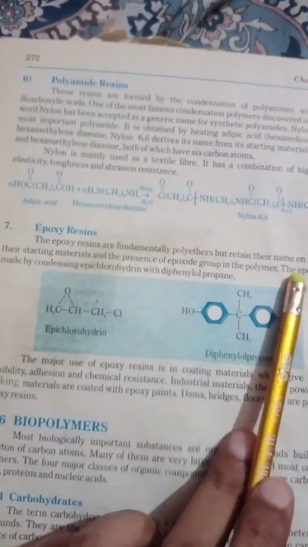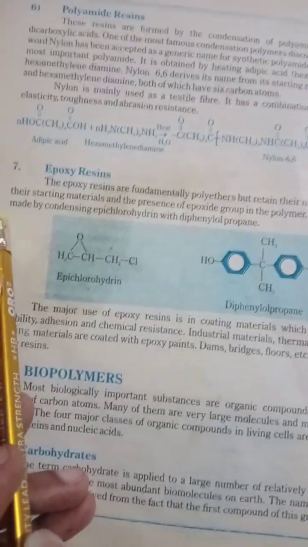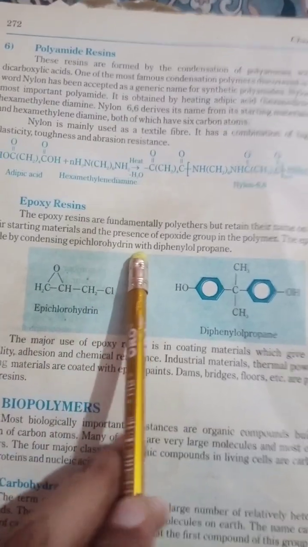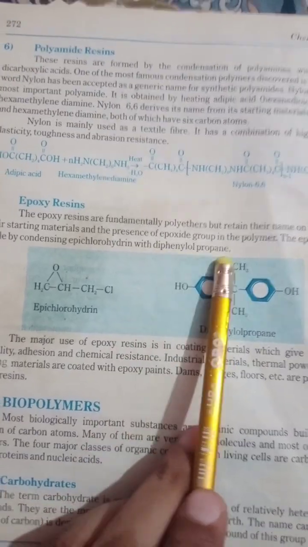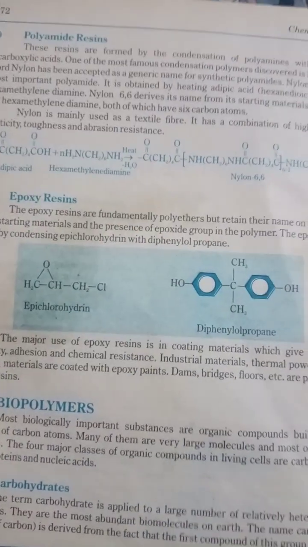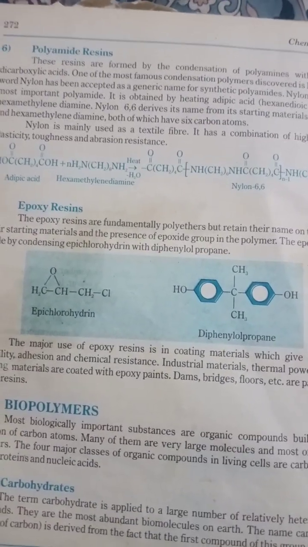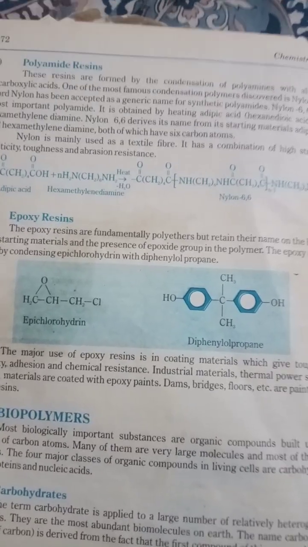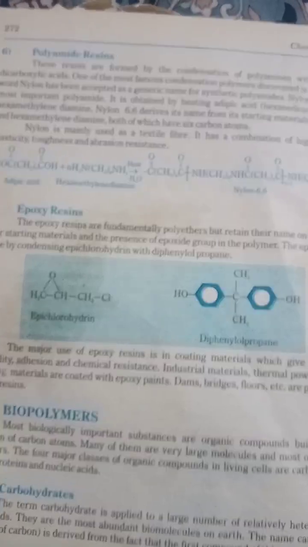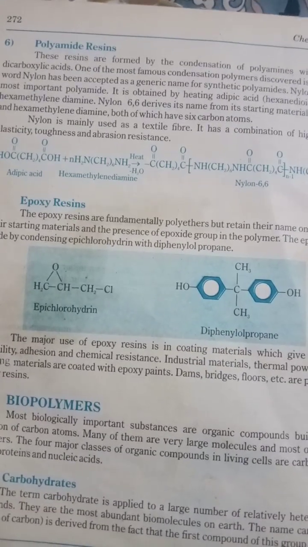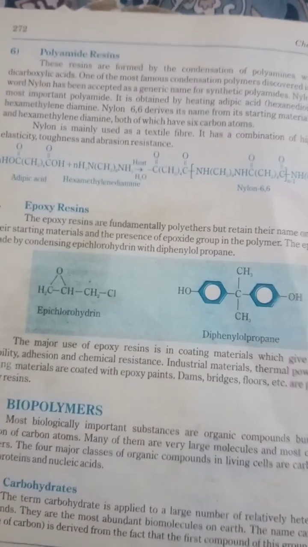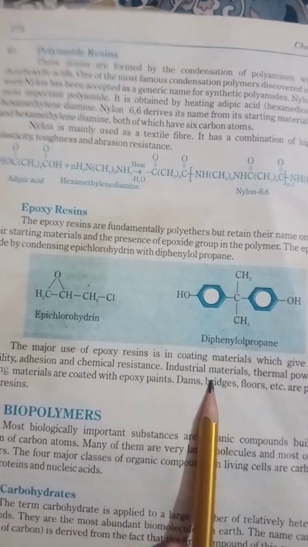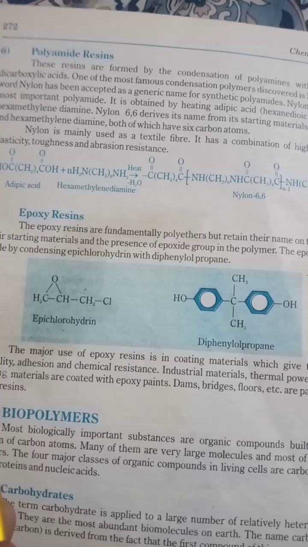This is the epoxy group, and the epoxy resin is made by condensing epichlorohydrin with diphenyl propane. The major use of epoxy resin is in coating material, which gives toughness, flexibility, adhesion, and chemical resistance. In chemical industrial materials, it is used in thermal stations, packing material, and coating with epoxy paints.